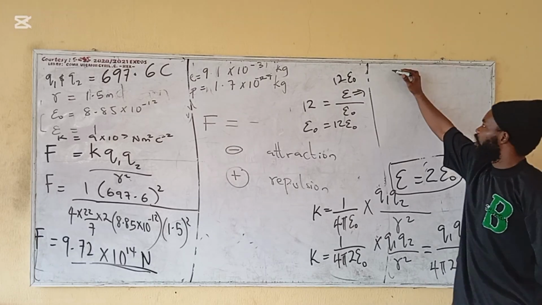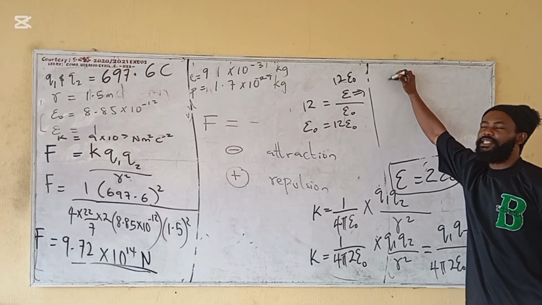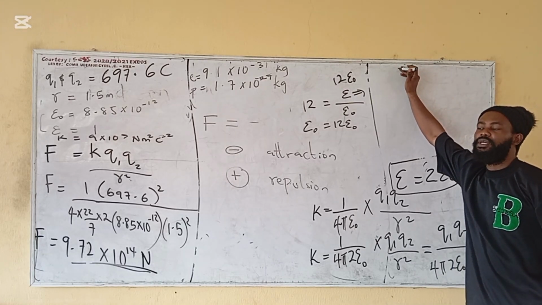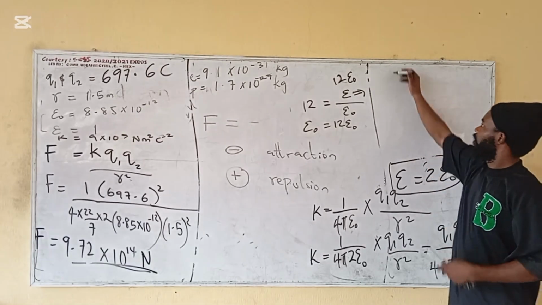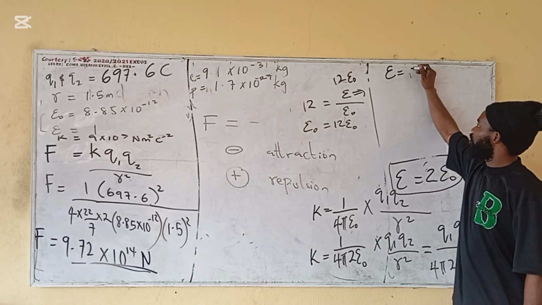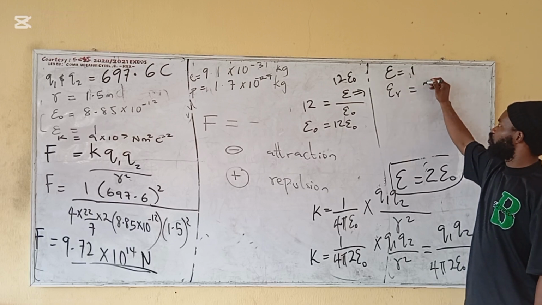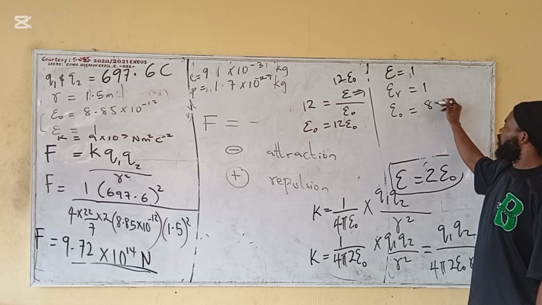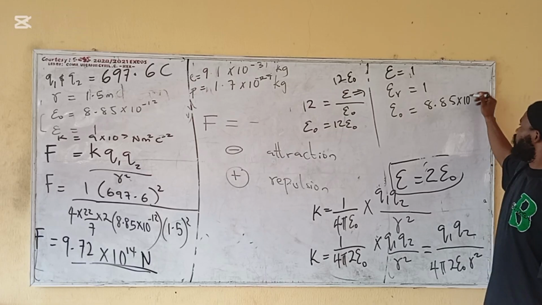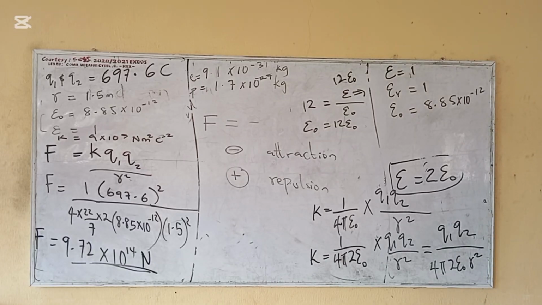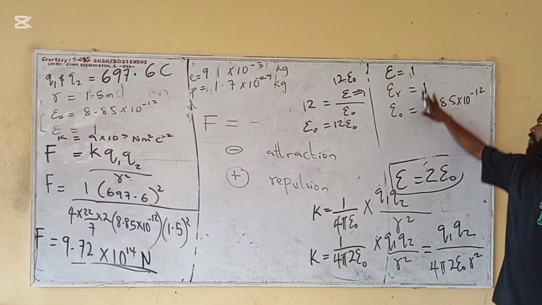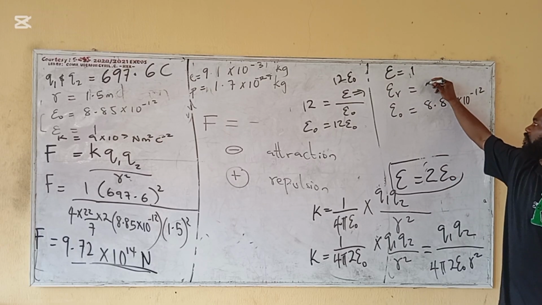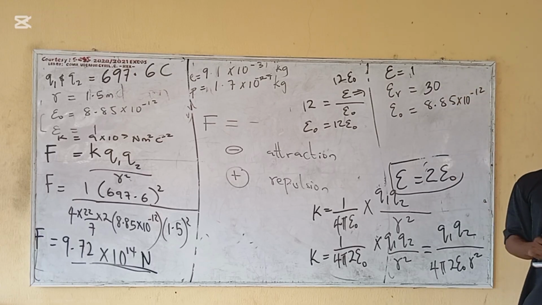If they give me a question and they tell me that it is in a vacuum, I am assuming that E on its own is equal to 1. I'm assuming that ER is equal to 1, and E naught is equal to 8.85 times 10 raised to the power minus 12. But where they don't tell me, and a dielectric constant is given to me, maybe 2 or 30 or 40, that dielectric constant is going to this one.